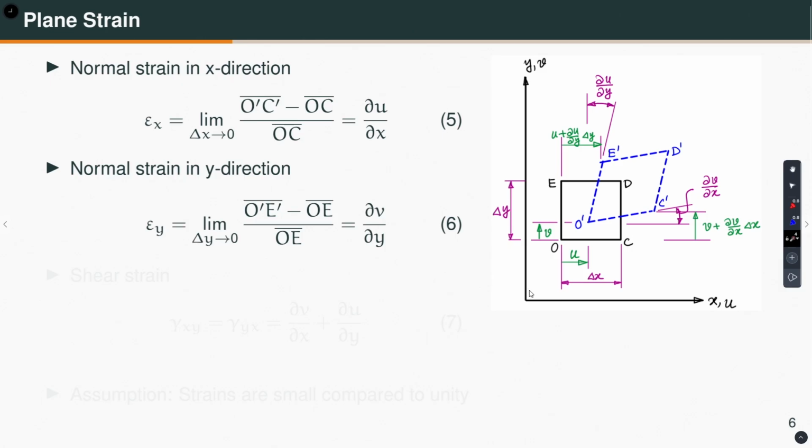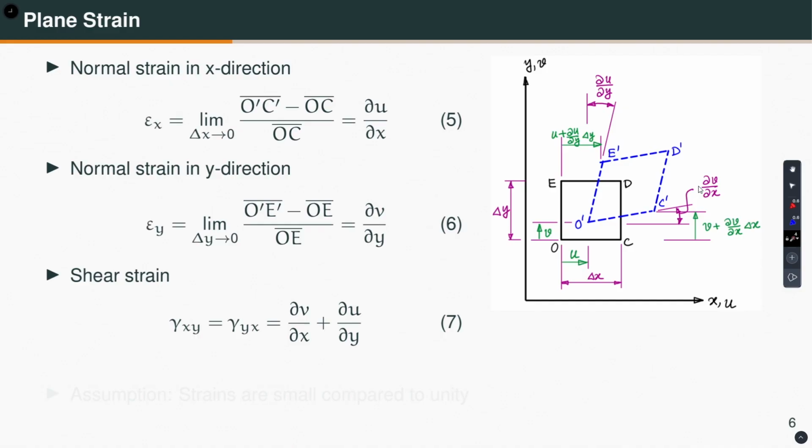Now, what about the shear strain? The shear strain, which is called gamma xy, is basically this angle. It was like this, and it has distorted because of shear. So, the distortion is basically this angle. How much is this angle?